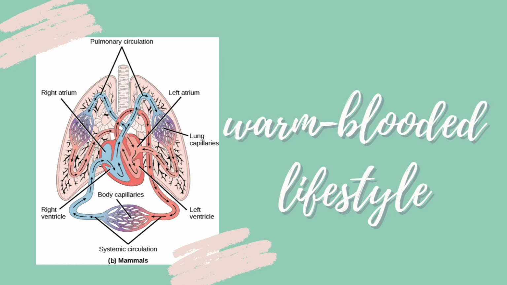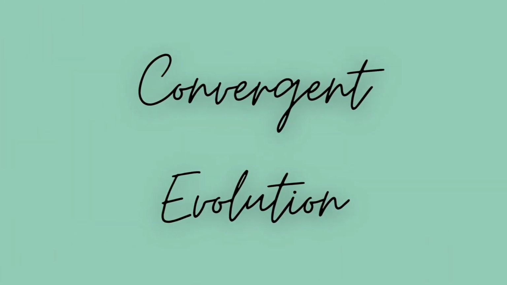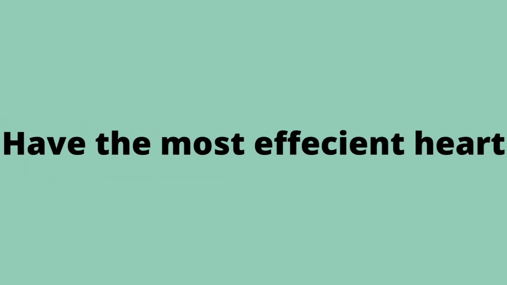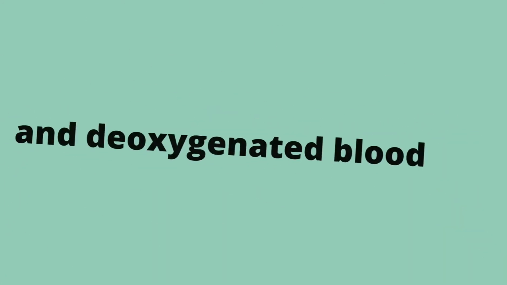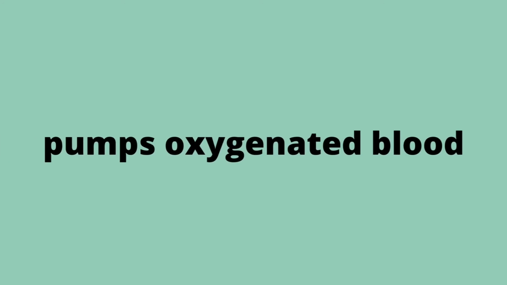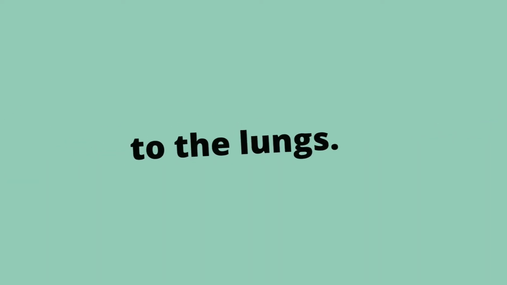The four-chambered heart of birds and mammals evolved independently from a three-chambered heart. The independent evolution of the same or a similar biological trait is referred to as convergent evolution. Mammals and birds have the most efficient heart, with four chambers that completely separate the oxygenated and deoxygenated blood. It pumps only oxygenated blood through the body and deoxygenated blood to the lungs.